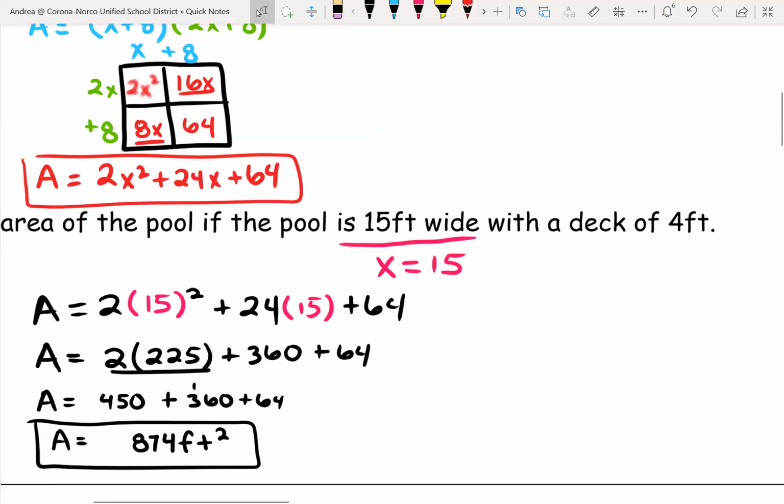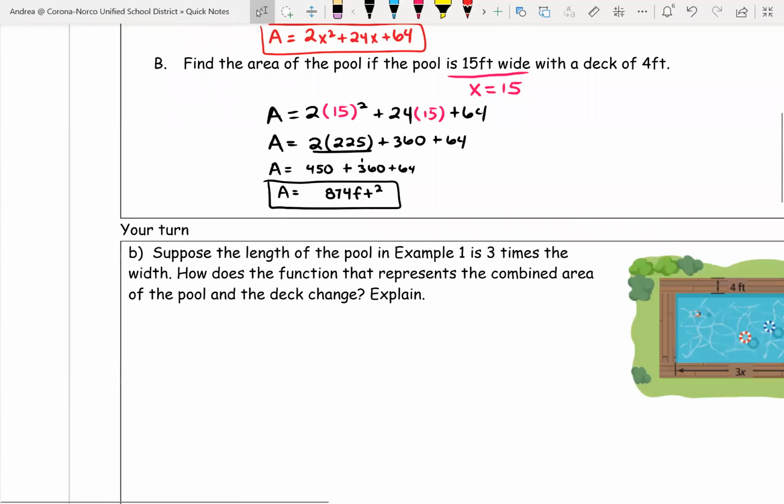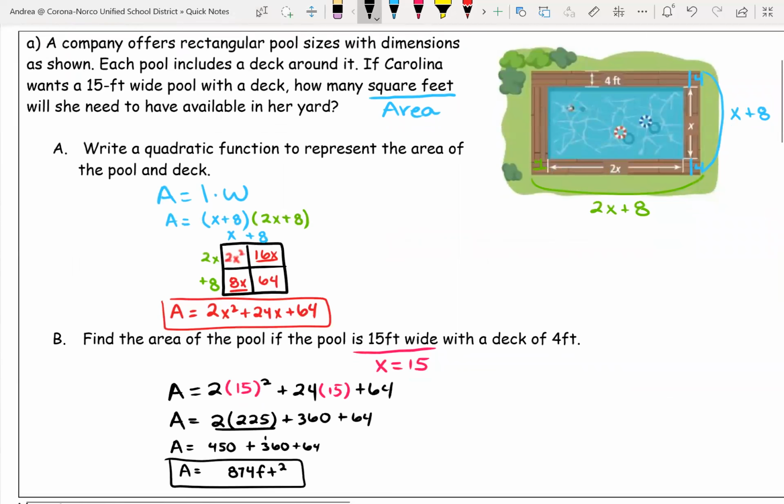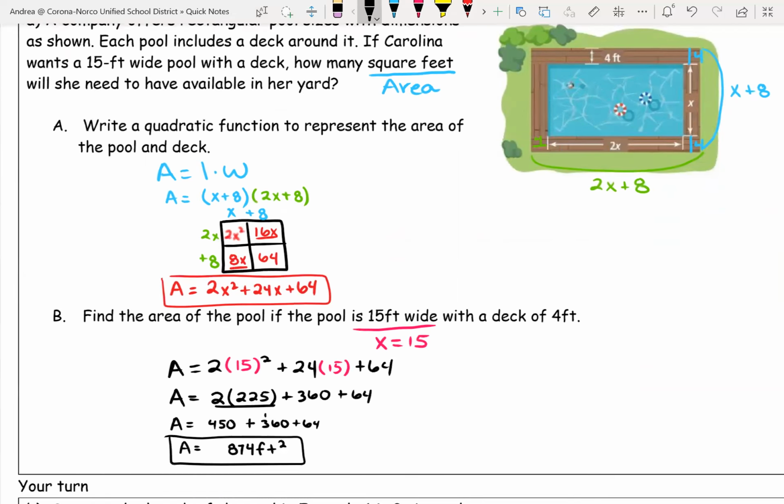Okay, I'm going to have you guys do the next one. Now they're going to change something up a little bit. Suppose the length of the pool in example 1 is 3 times the width. In example 1, you had the length being twice as big as the width. So now they're just going to change that 2 to a 3.